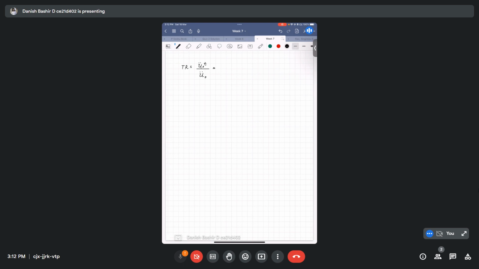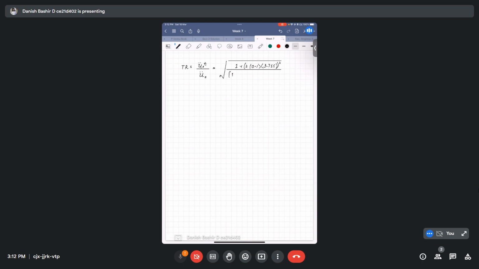When we substitute the values, it will be root under 1 plus (2 times theta, which is 0.1, times phi, which is 3.755) whole square.